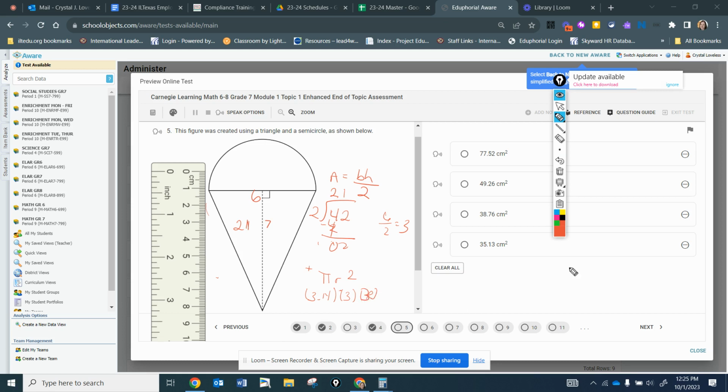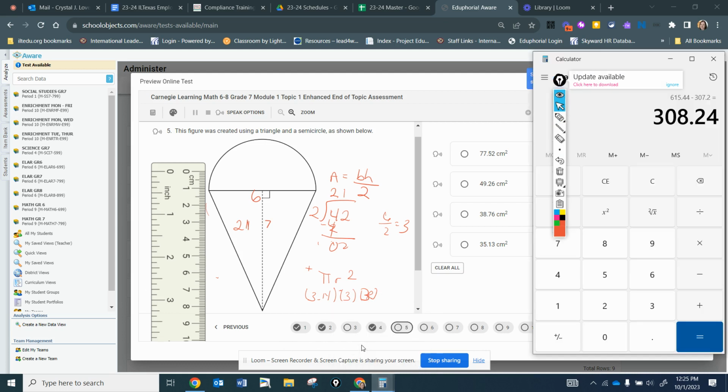Okay, I'll use my handy dandy calculator. 3.14 times 3 times 3 is 28.26. Now this is a half circle, which means I've got to divide that 28.26 divided by 2. Divided by 2, 14.13.